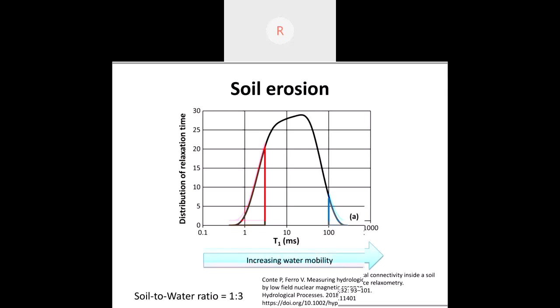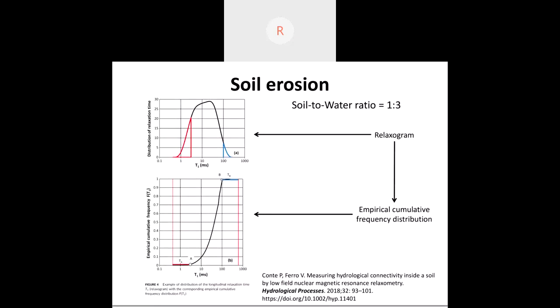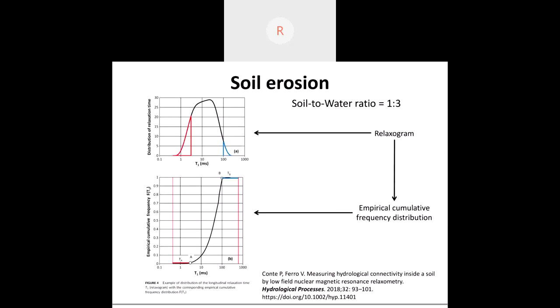Then we can do a mathematical operation by extracting an empirical cumulative frequency distribution from this relaxogram. What is in this empirical cumulative frequency distribution? We can distinguish three different zones, where the one called TA refers to the very strongly bound water, while the one indicated as TB is the part of the cumulative frequency distribution associated with the freely moving water.